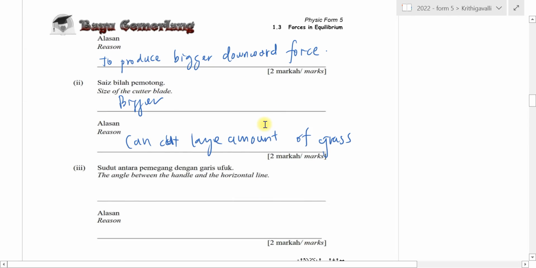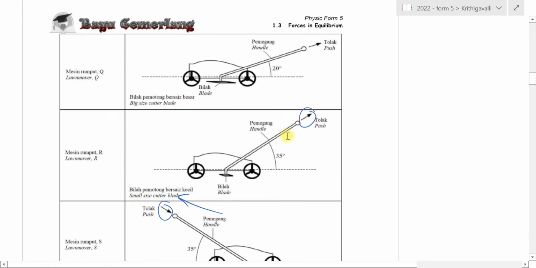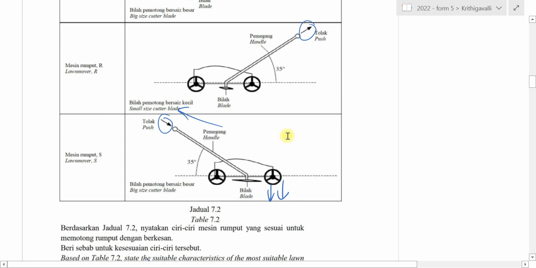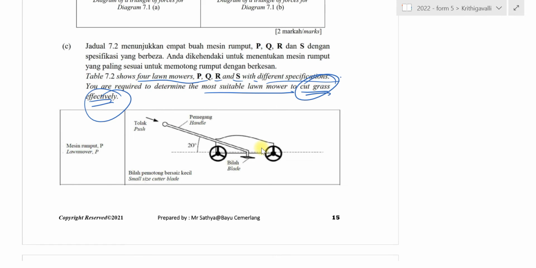And then the angle should be how much? Let's say you don't know how to determine whether the angle should be bigger or smaller. Let's say we put 100 Newton force, so you push downward.